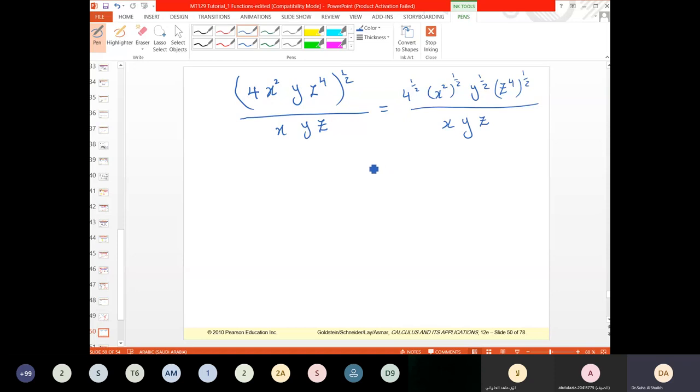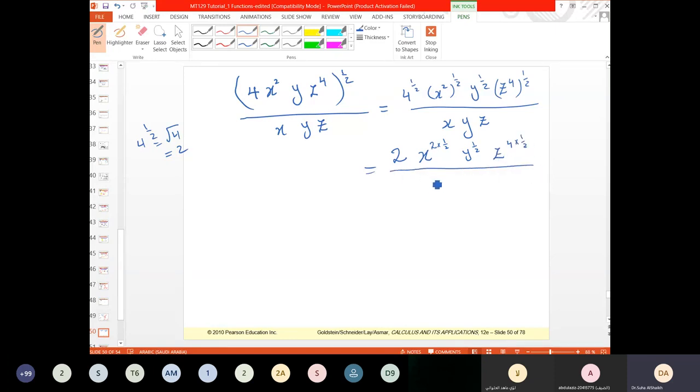We start simplifying. What is 4 to the power half? What does 4 to the power half mean? It means root 4. It's what? Come on. It's 2. Yeah. Now what is x to the power 2 to the power half? This is x to the power 2 multiplied with the half. The y to the power half stays as is. This will be z to the power 4 multiplied with 1/2.